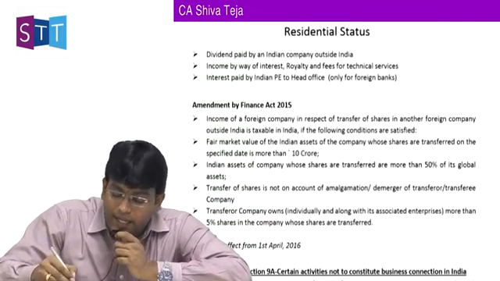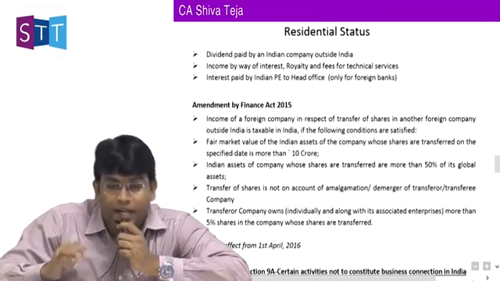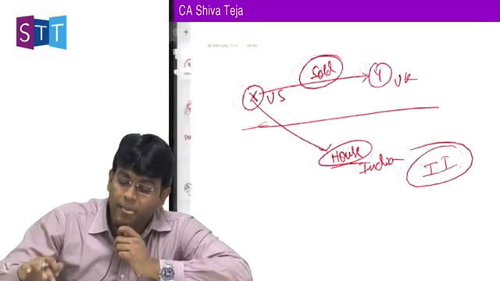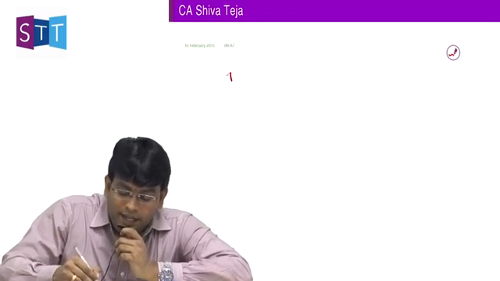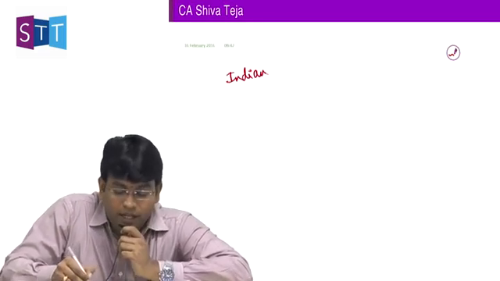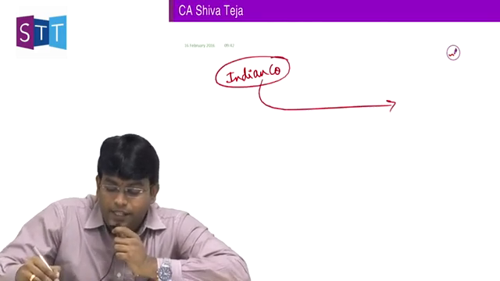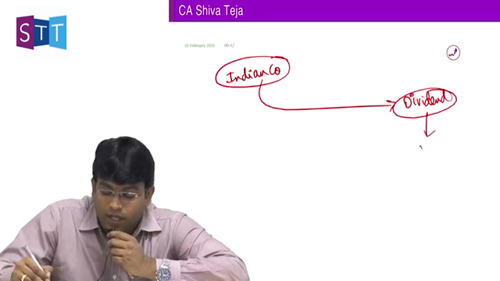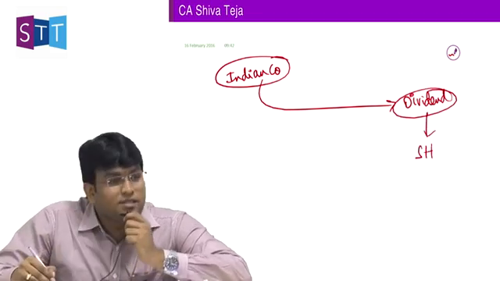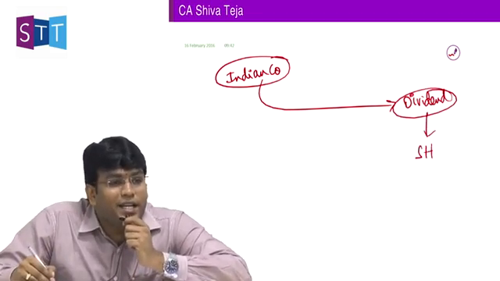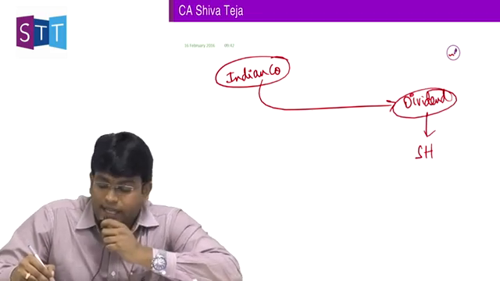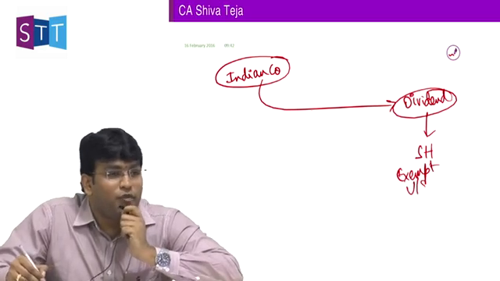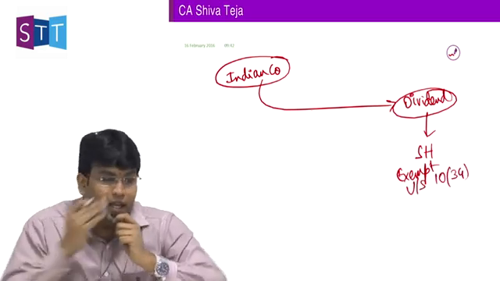Dividend paid by Indian company where, sir? Outside India. Now one small point here on this. If there is an Indian company, if there is what, sir? Indian company. It is paying dividend to the shareholder. Friends, dividend paid by Indian company to the shareholders is exempt in the hands of shareholders under section 10(34).